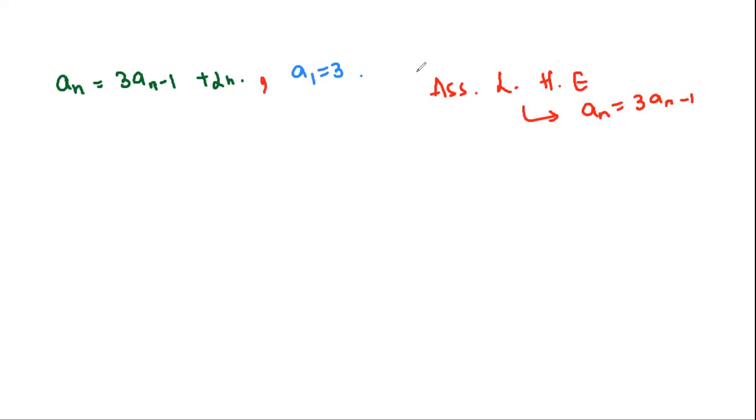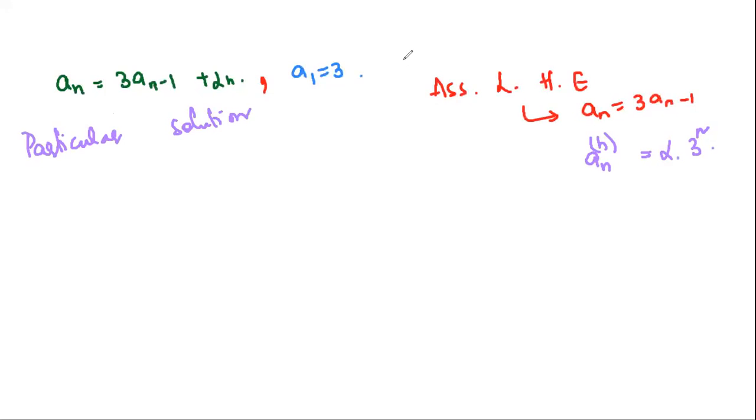So the general solution will be given as a_n^(h) equals alpha into 3 power n, where alpha is a constant. Now we have to find a particular solution.